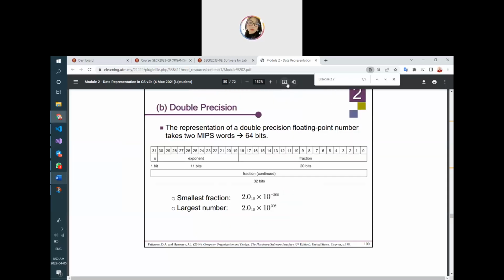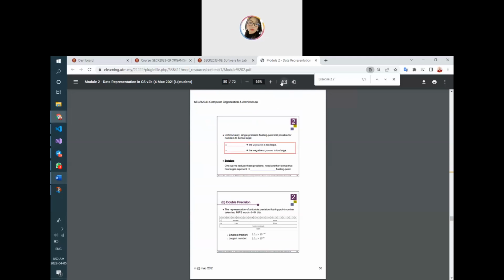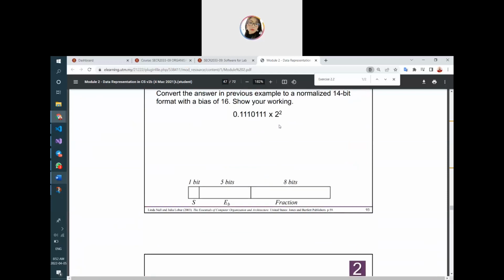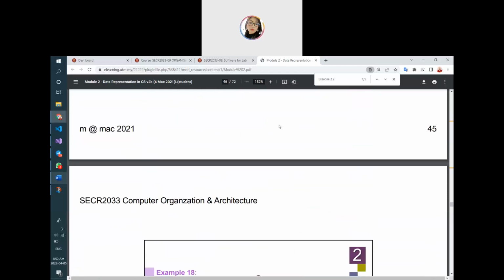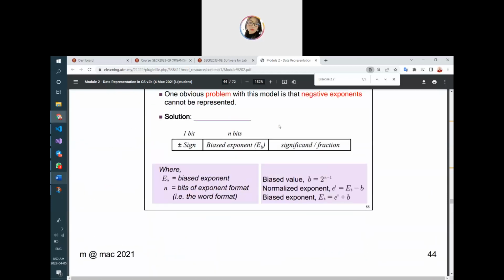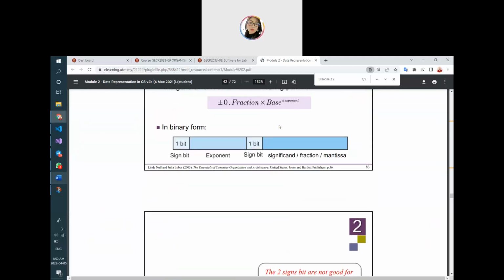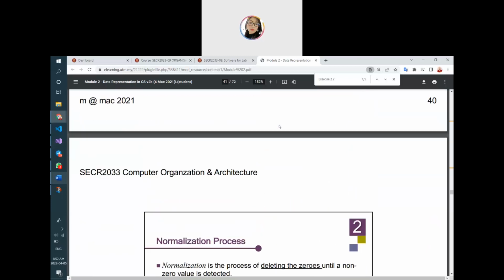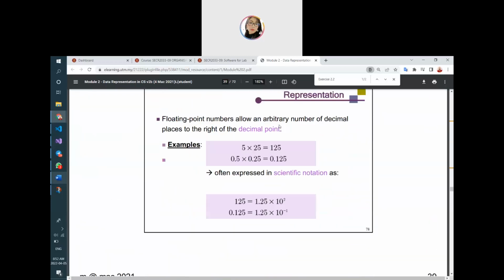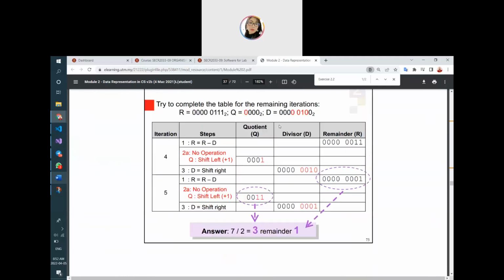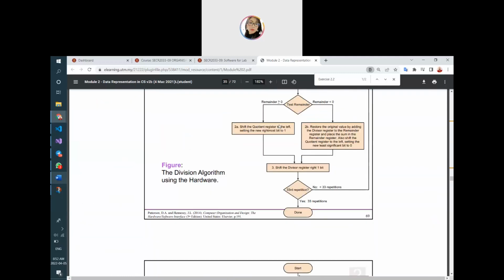Move until you can find 48 above. This one?